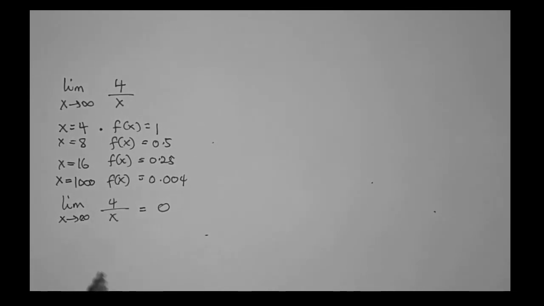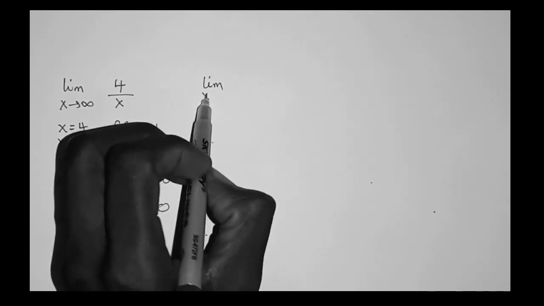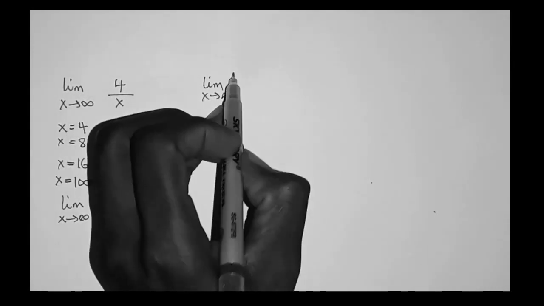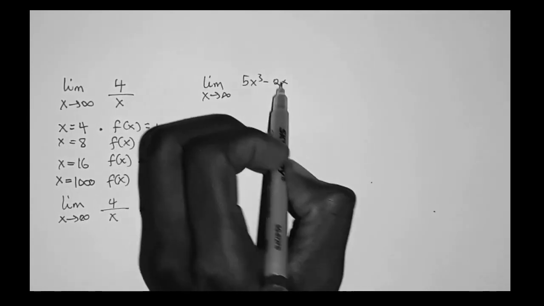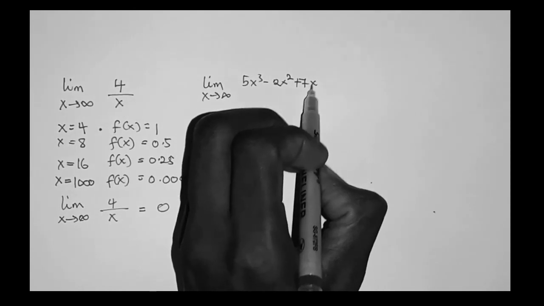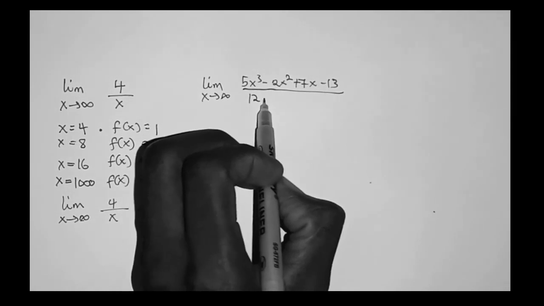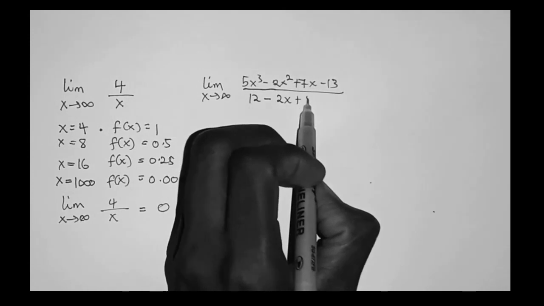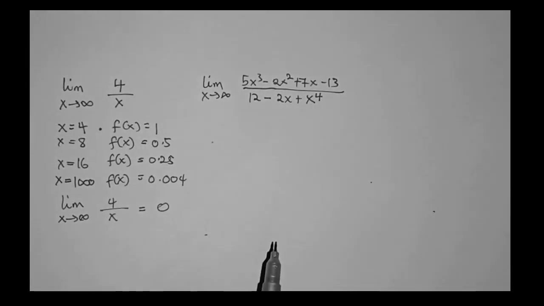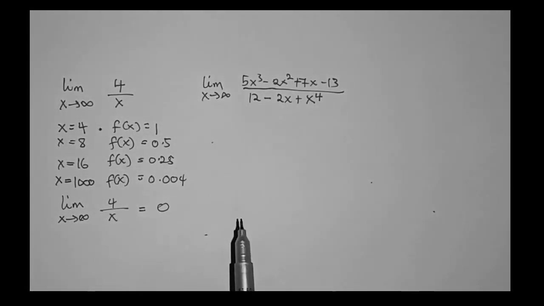So now, what is the limit? Let's do this example. Limit as x approaches infinity of 5x cubed minus 2x squared plus 7x minus 13 divided by 12 minus 2x plus x exponent 4. What is the limit as x approaches infinity of this?